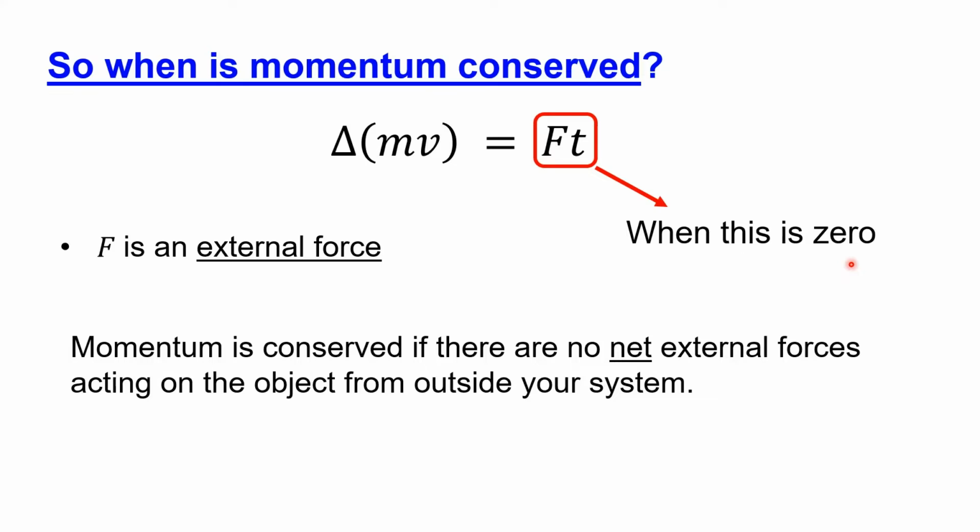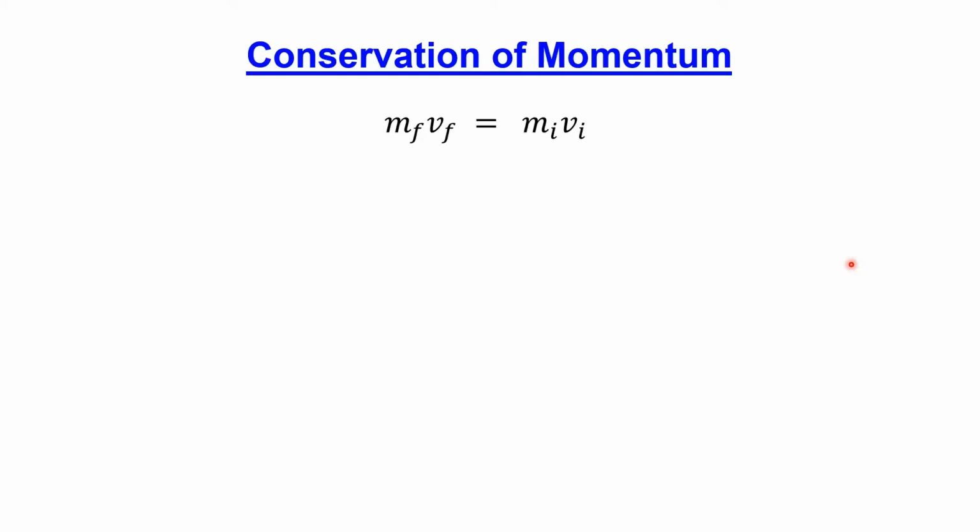Now that we know what's required to conserve momentum, let's just assume we have a situation in which there are no net external forces so that we can have conservation of momentum. In that case, the final momentum after an event's got to be equal to the initial momentum before an event.